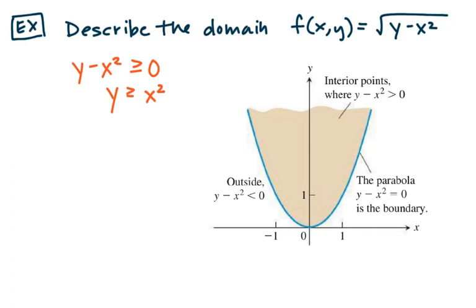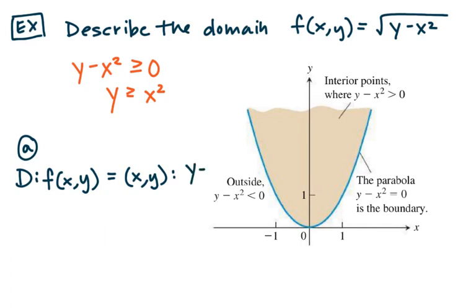So if we were going to state our domain, it would be that the domain of this function, the domain of f of x, y, is any ordered pair x, y such that y minus x squared is greater than or equal to 0, or anywhere inside, above the parabola, and then on the boundary.